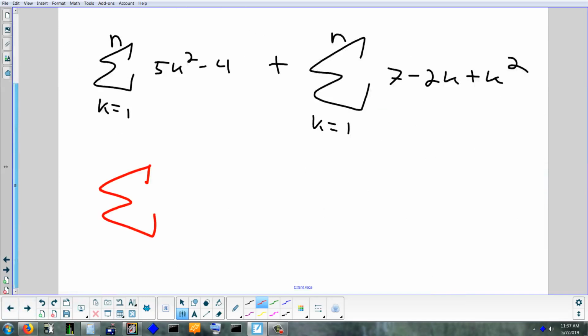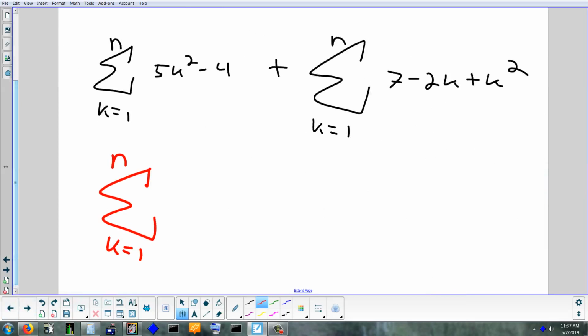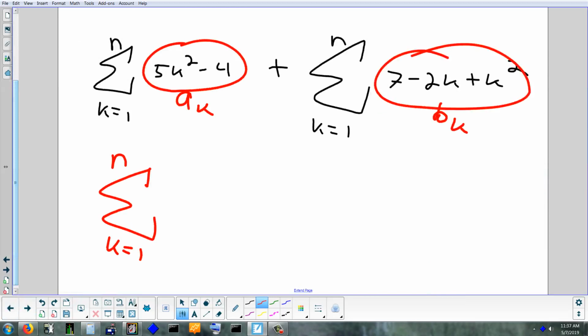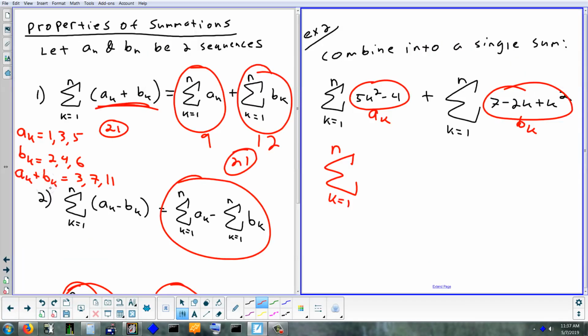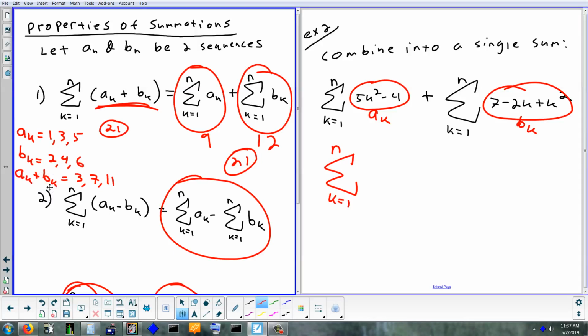So sum k equals 1 to n. And this one kind of falls under our first rule. We're adding two separate things together. Think of this as a sub k. Think of this as b sub k. If you want, you can write them separate, like I have on the right here. Or just do a sub k plus b sub k.